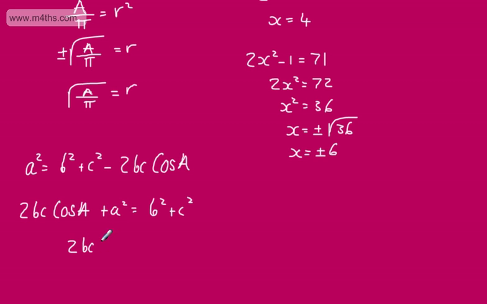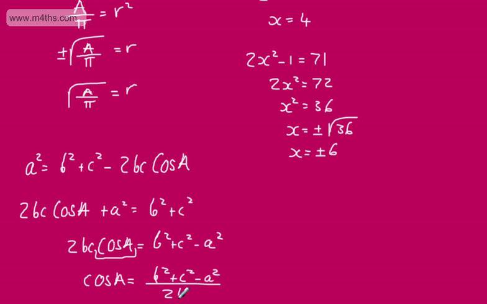So 2bc cos A will be equal to b squared plus c squared minus a squared. All I want now is cos A. Cos A is multiplied by 2bc, so I'm just going to divide both sides by 2bc. So we've got b squared plus c squared minus a squared all over 2bc.